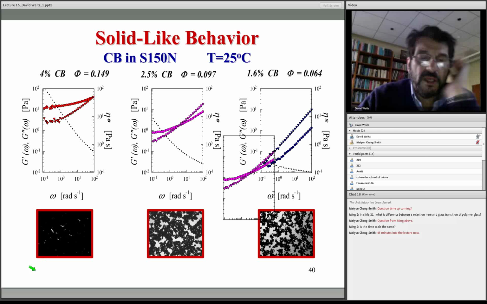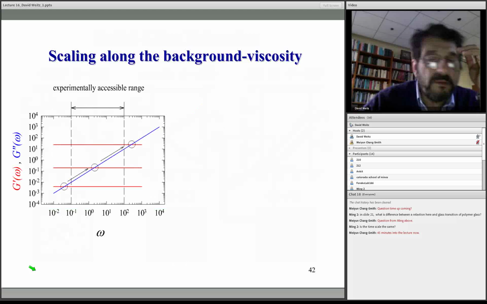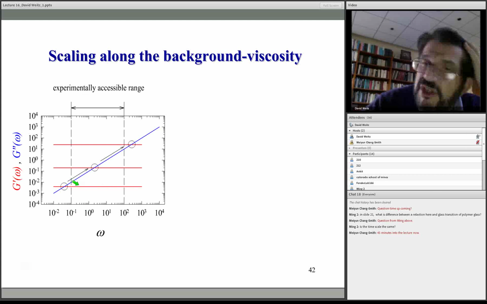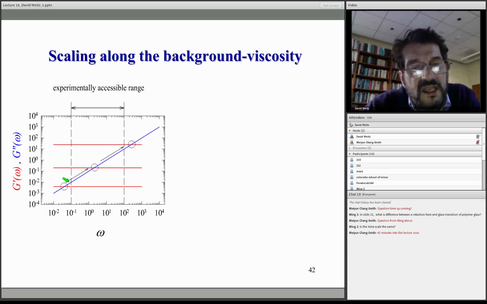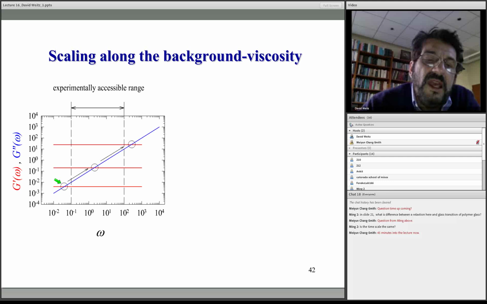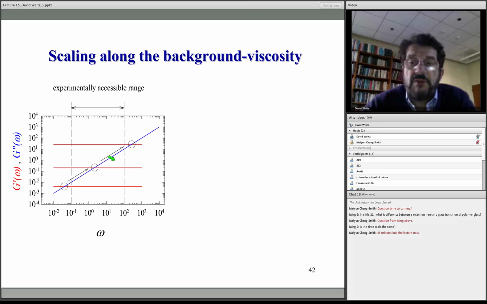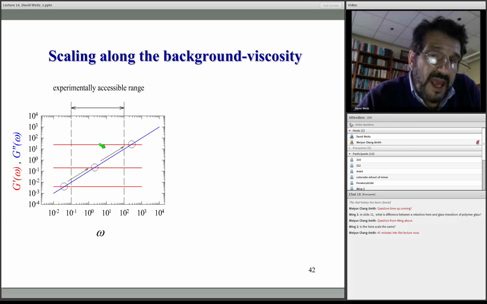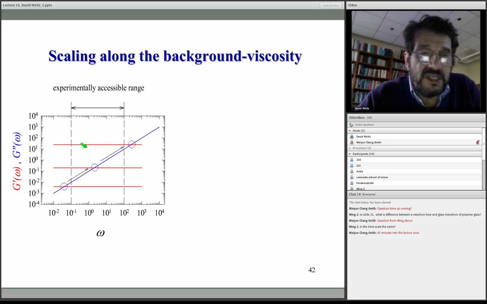So now you can go and understand from a simple perspective where this comes from. Imagine that you have a contribution due to the liquid, and when you plot it as a viscous fluid, the loss modulus, shown in blue, will increase linearly in frequency. It's just reflecting the standard viscosity of a Newtonian fluid. Similarly, there is a solid component, and anything that's solid is independent of frequency, but its magnitude depends very strongly on the concentration.